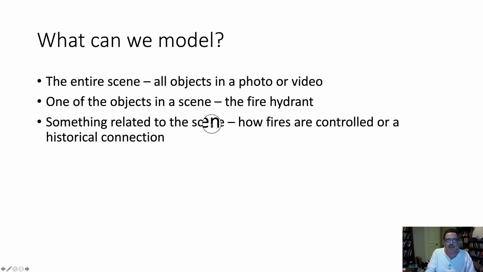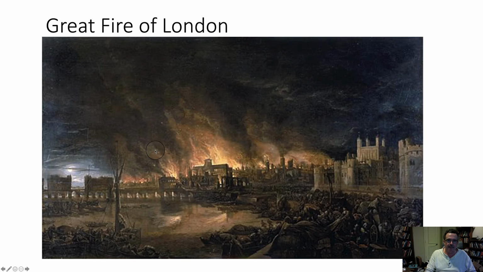Well, lots of things. Fire hydrants actually have historical connections. Like this is a historical connection: the Great Fire of London, which happened in the year 1665 and caused lots of changes to building codes within the city of London. But there have been many fires throughout history, and they're related in a kind of semantic way to the fire hydrant, right?